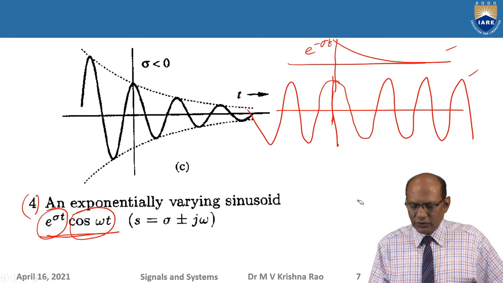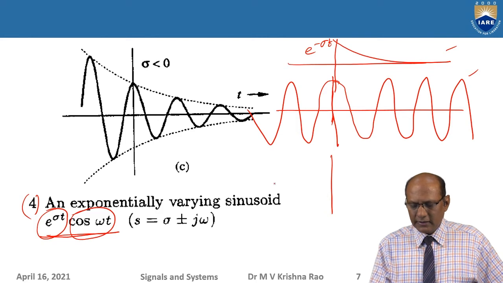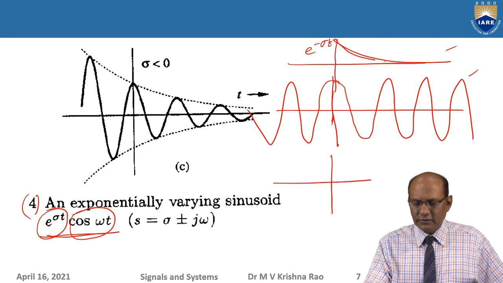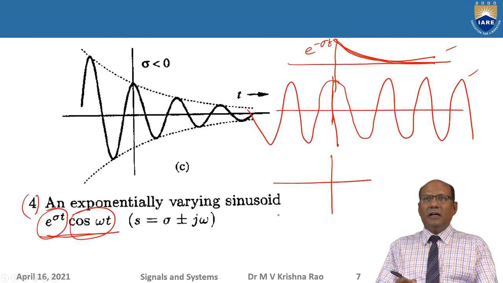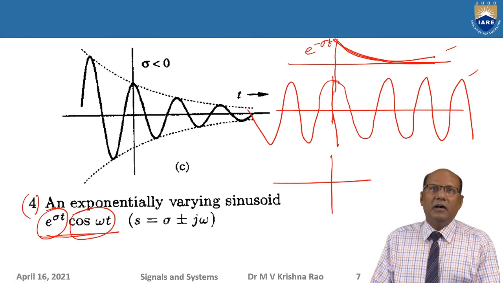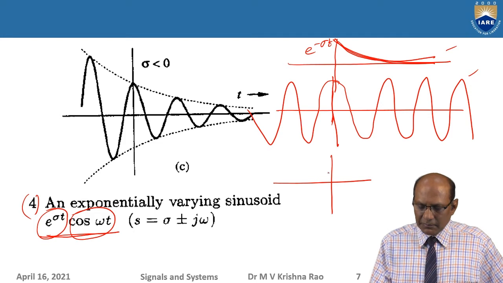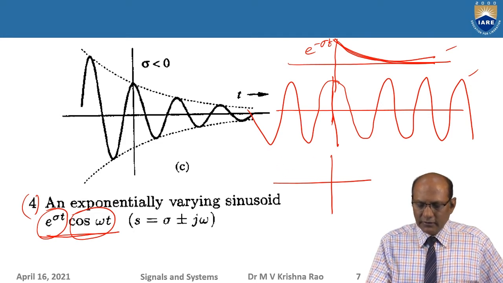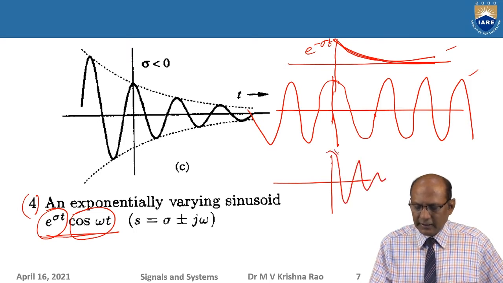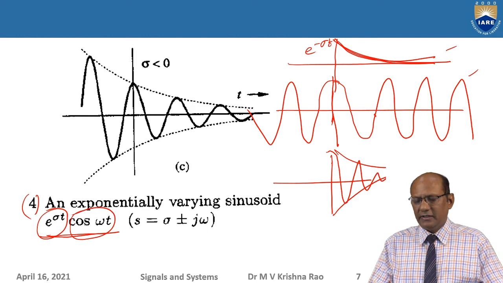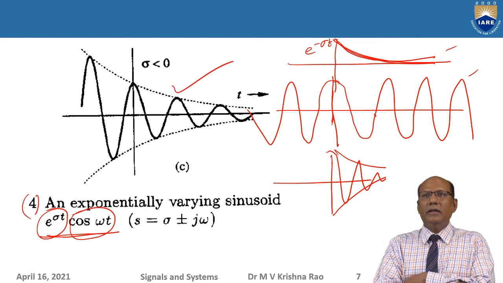When I multiply these two, this is the scaling factor, the envelope of this one. We have studied this under operations on the dependent variable. So when I multiply these two, it will be decaying like this, on both sides. That is what is shown here.